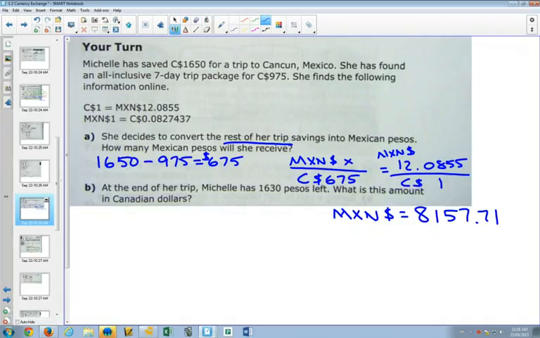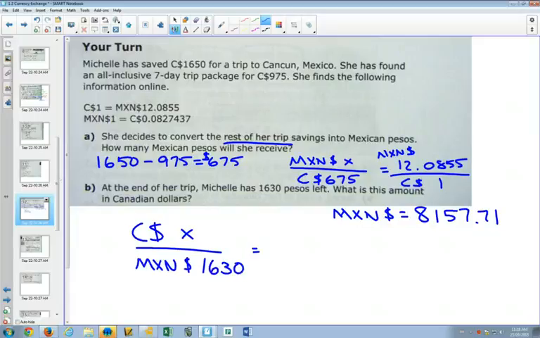At the end of her trip, she has 1,630 pesos left. How much is that in Canadian dollars? So we want to find out how much in Canadian, and we know we have 1,630 left. And so, in changing this, you can pick either one. If you want to use the 12.0855 again, or if you want to use the other one, it doesn't matter.